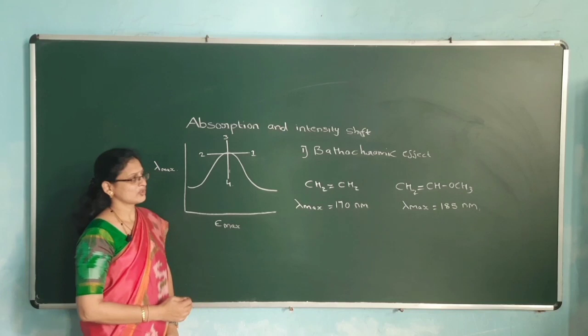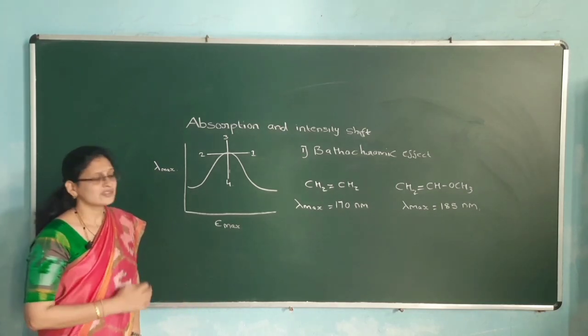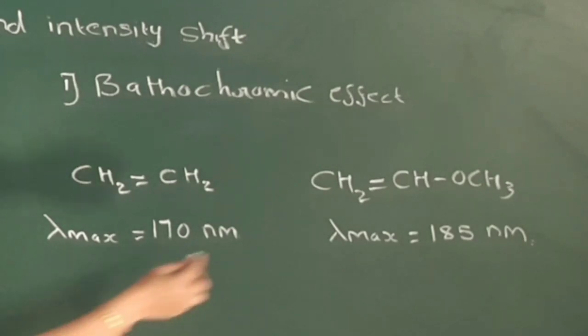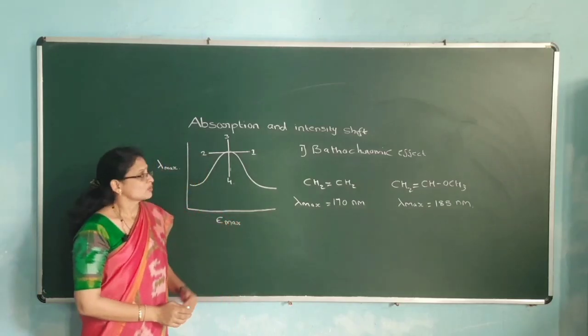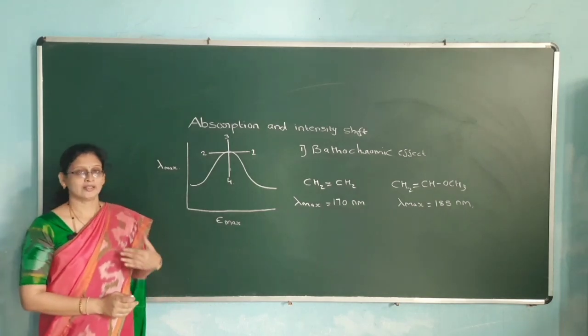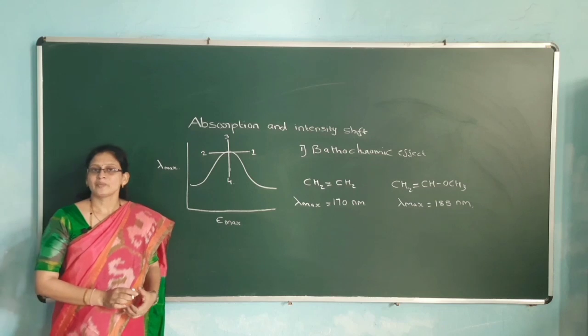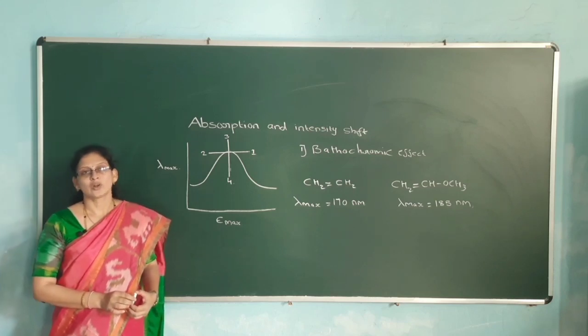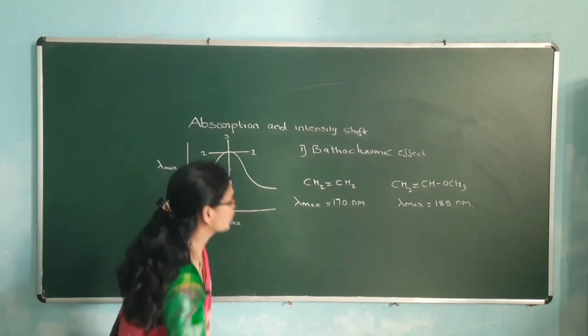So in case of methoxyethene, the lambda max is increased. This increase is due to the auxochrome OCH3, that is the alkoxy group. Clear? So bathochromic effect, I will explain once again. It is an effect by virtue of which the absorption maximum is shifted towards longer wavelength. We will move to the next, that is hypsochromic effect.